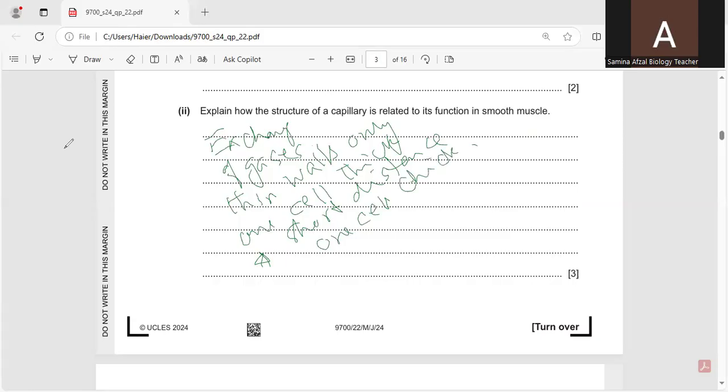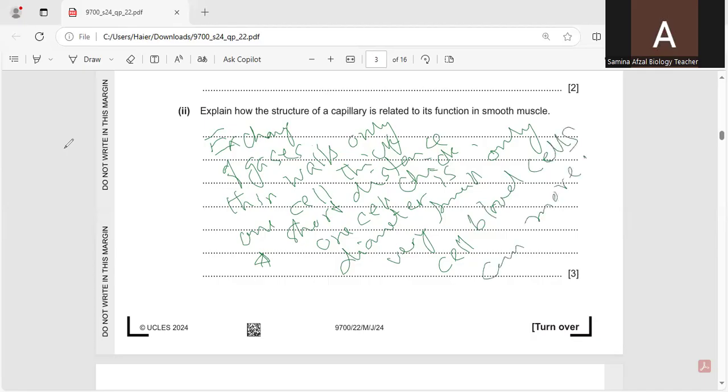And the diameter is very small. Only red blood cells can move in single file.